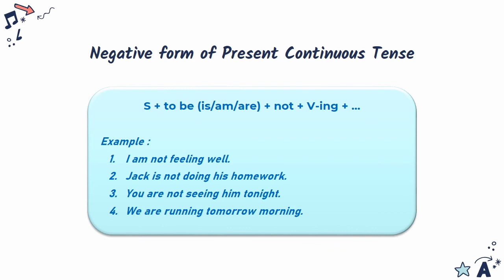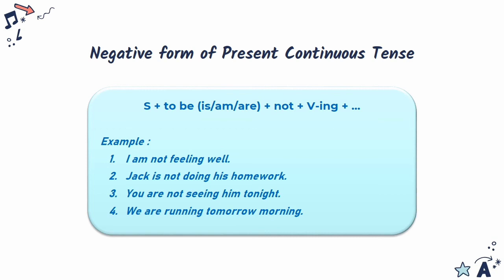Next, let's take a look at the negative form of the present continuous tense. Here are some examples. Two of them are longer actions in progress and another two are near future plans. I'm not feeling well. You will notice that the not goes between the be verb and the ing verb.